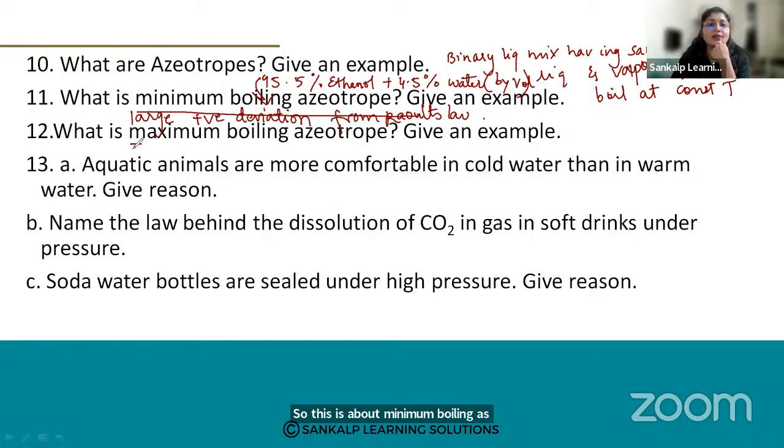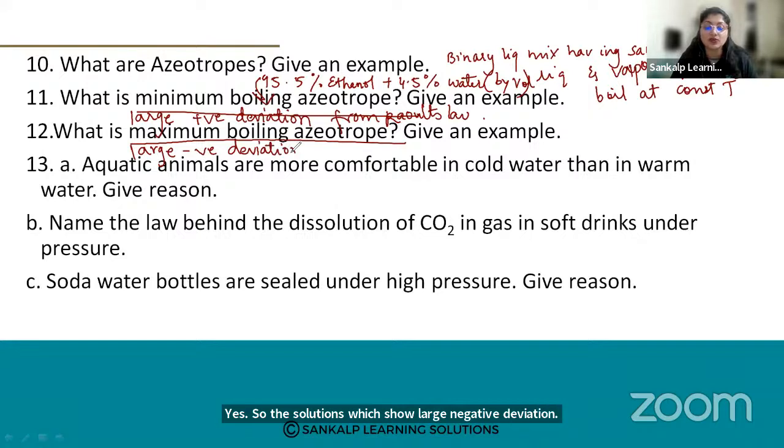Next is maximum boiling azeotrope. What do you mean by maximum boiling azeotrope? The solutions which show large negative deviation from Raoult's law at a specific composition are called maximum boiling azeotropes.